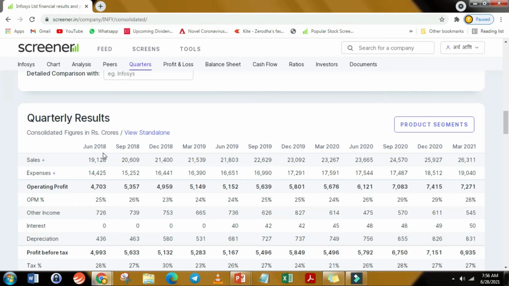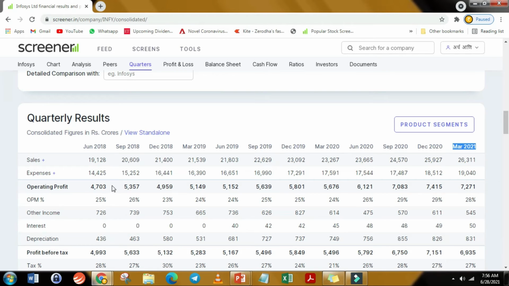So if I see, suppose in June 2018 the profit was 4,703 crores. This is in crores. Now if I look at the profit in 2021, the profit is 7,271. So certainly it has grown, it almost doubled.